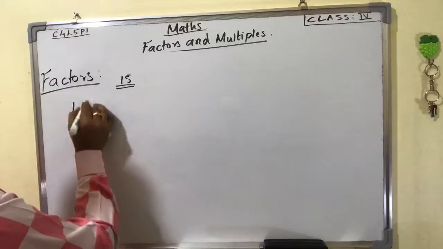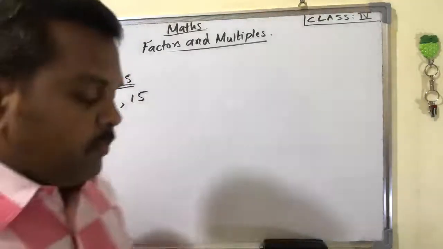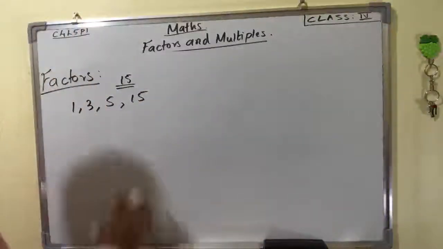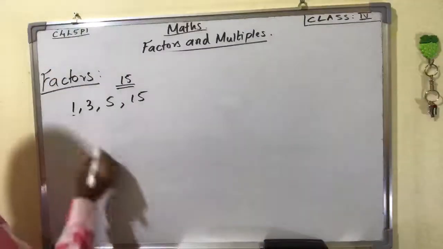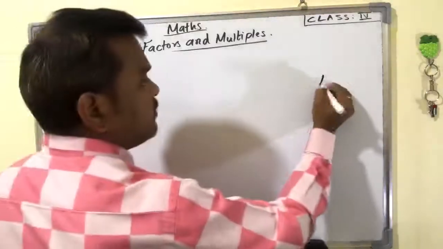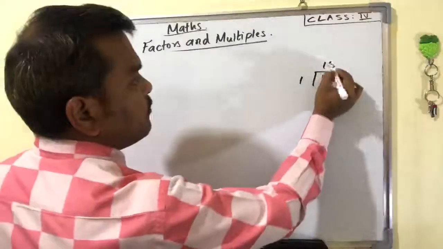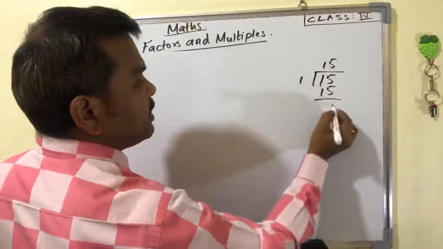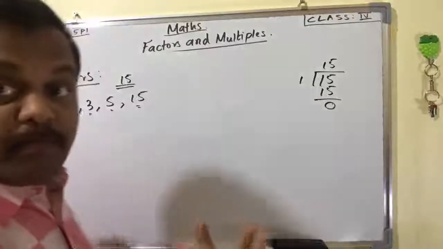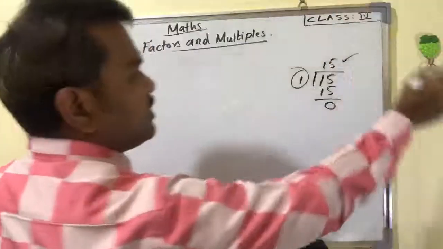If you divide 15 by these numbers, this 1, this 3, this 5, this 15. See, 15 by 1: 15 ones are 15, balance 0. No remainder. So 1 is a factor of 15.